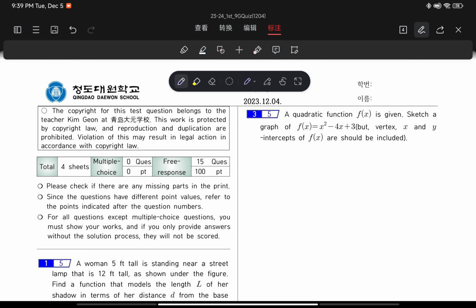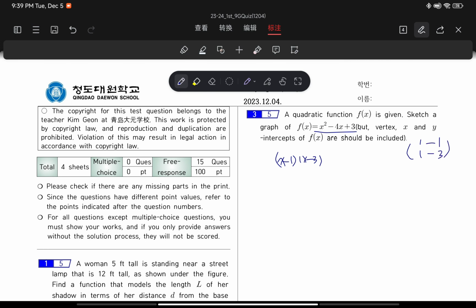Okay. Number three. You should first factorize this quadratic function. So f(x), using the sum and the product, is x minus 1 and x minus 3. Here is 1 and 1, and 1 and 3, and minus minus like this.